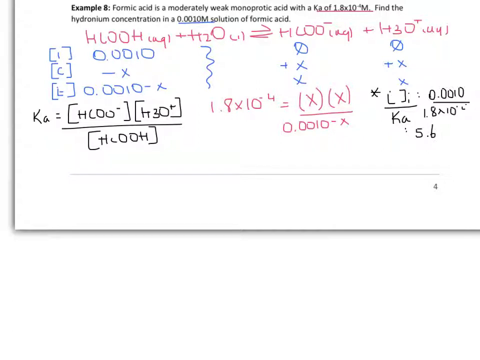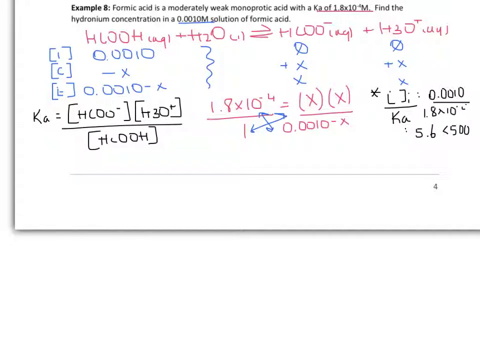Unfortunately, this only comes out to be 5.6, which is less than 500. And this is going to make us very, very sad, and now this video very, very long. It does mean that the X value in the denominator is not negligible. It does have an impact, which means we cannot get rid of it. So we need to go back to our original setup, and we must now cross multiply.